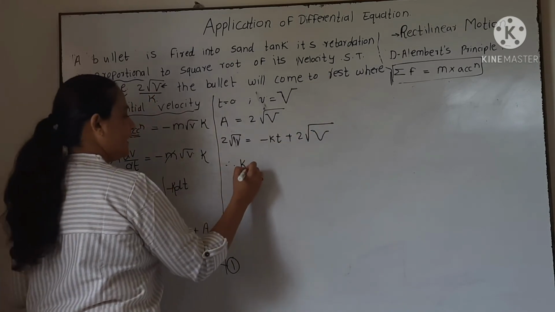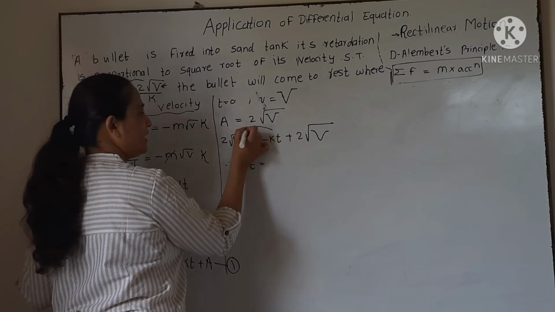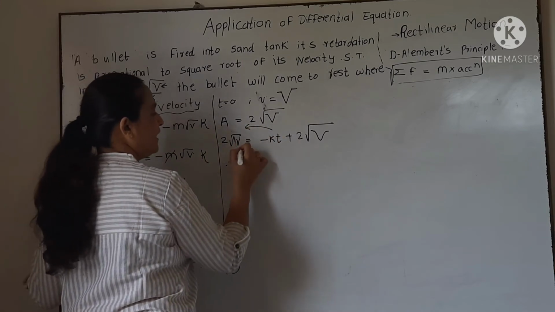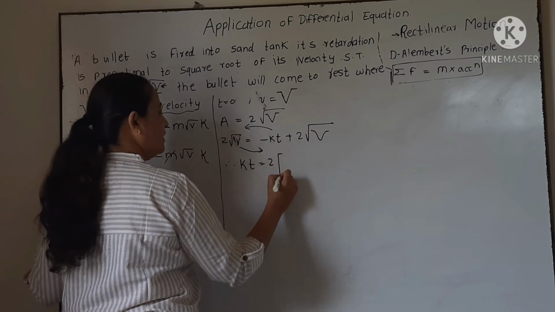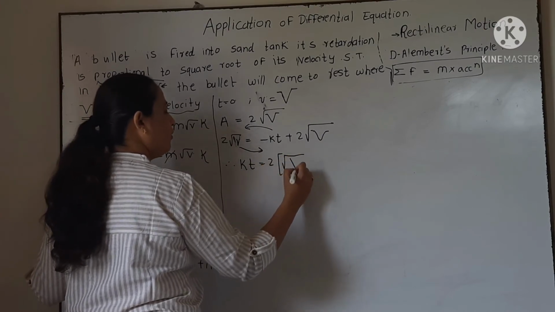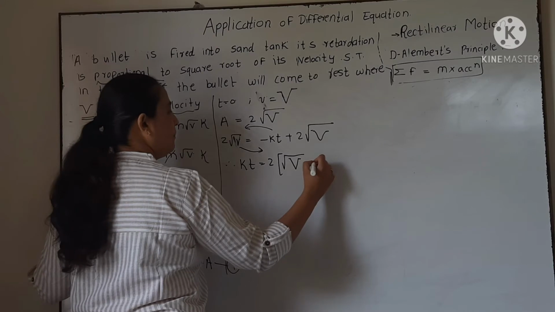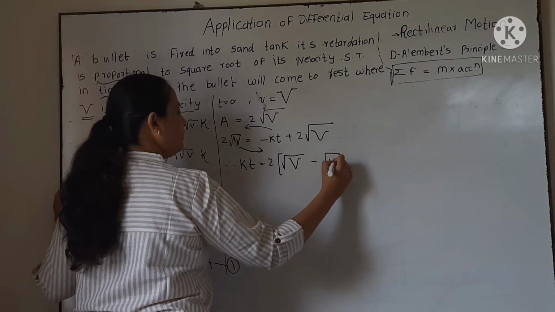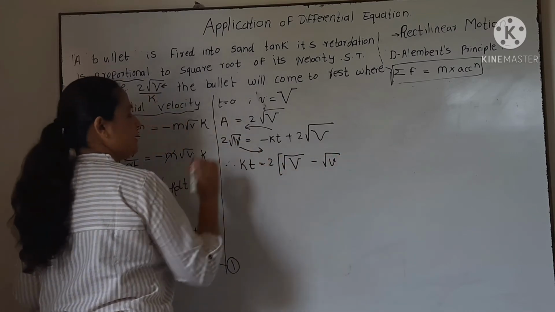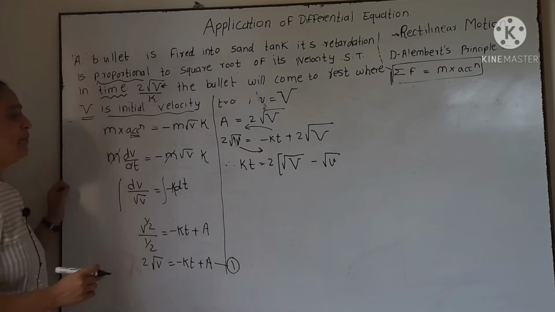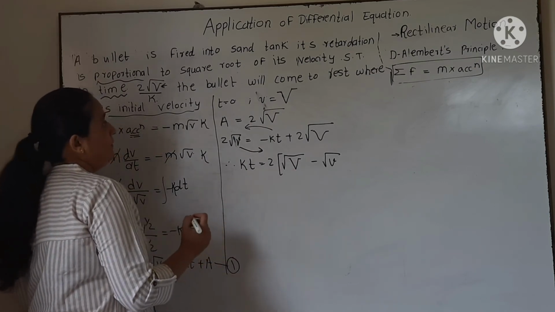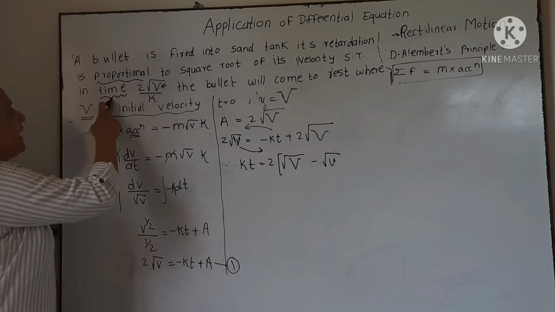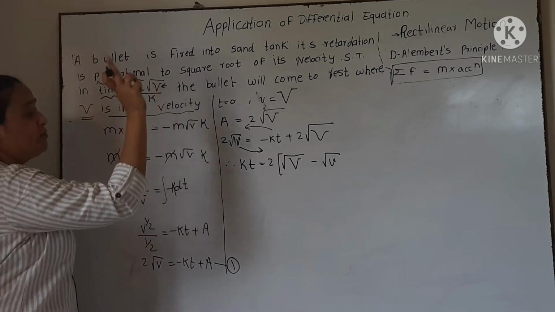Therefore, we can say kt is equal to, transferring minus kt to the left hand side and this to the other side, 2 we can take common. Inside the bracket, root of capital V minus root of small v. Small v is the velocity, capital V is the initial velocity, which is constant. We want to show the time when the bullet comes to rest.